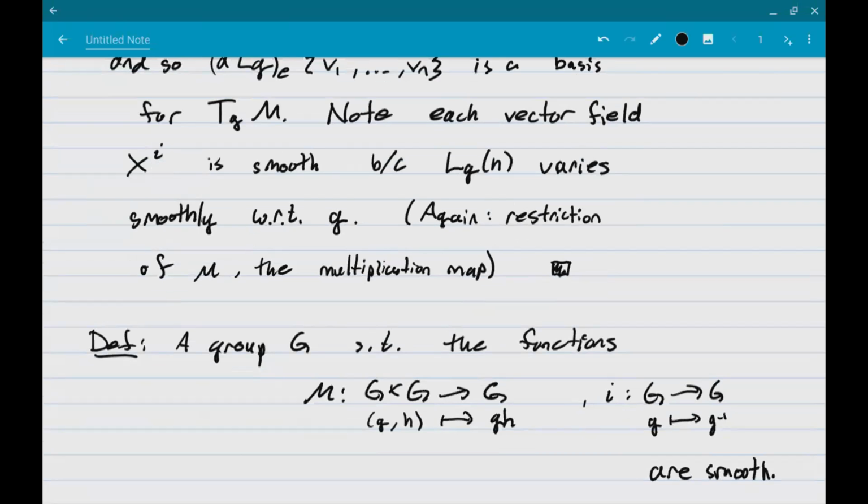And so here, if I want to say that this L_G of H varies smoothly with respect to G, I'm just taking this multiplication map and restricting the second coordinate to a single element H.